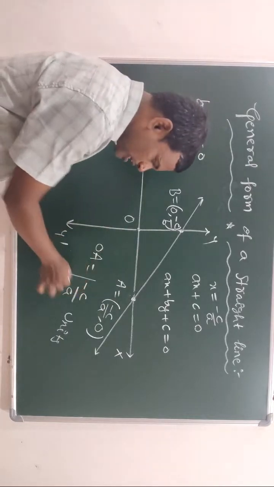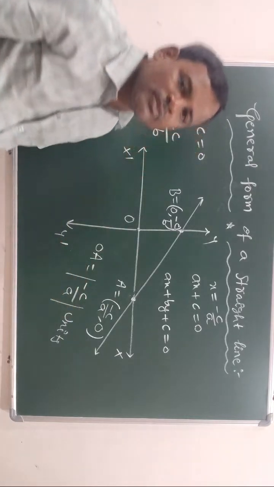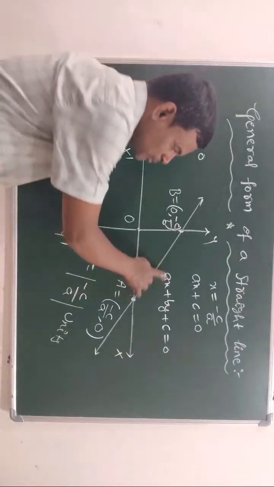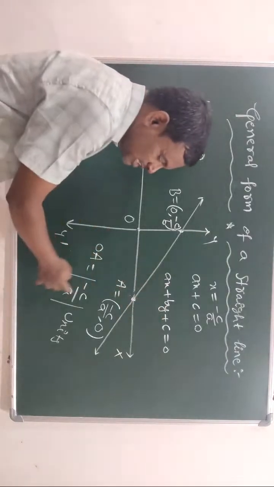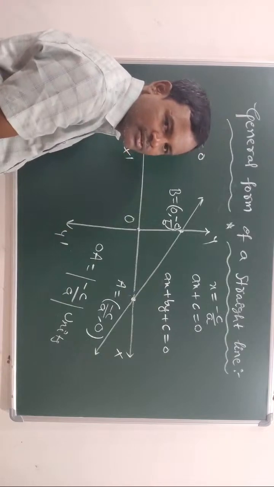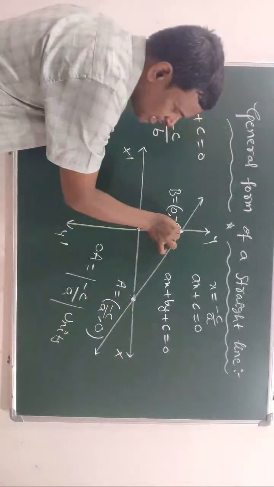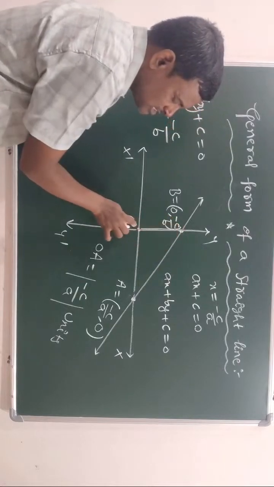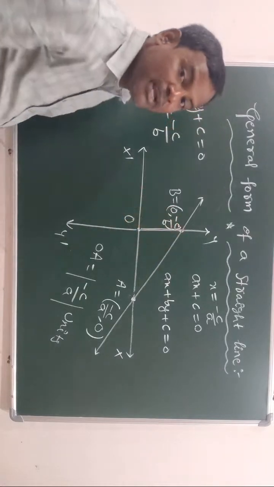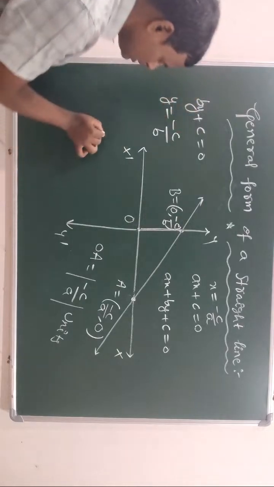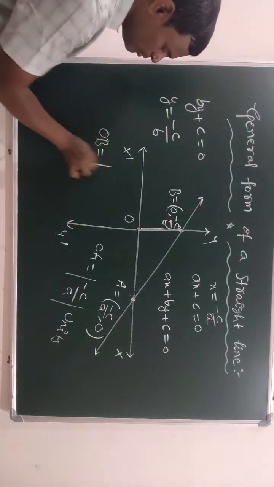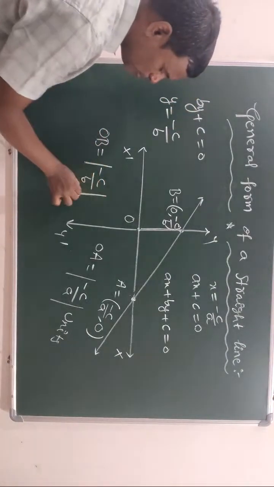So here you can keep the modulus symbol. So what is the x-intercept made by this line? Mod of minus c by a units. In the same manner, what is the y-intercept made by this line? This length, the distance from here to here, how much? Minus c by b. So now OB is equal to mod of minus c by b units.